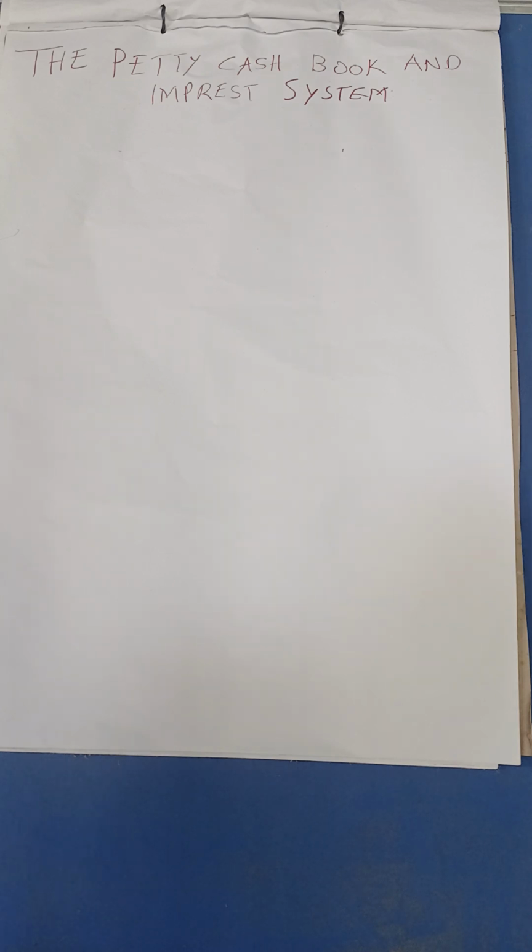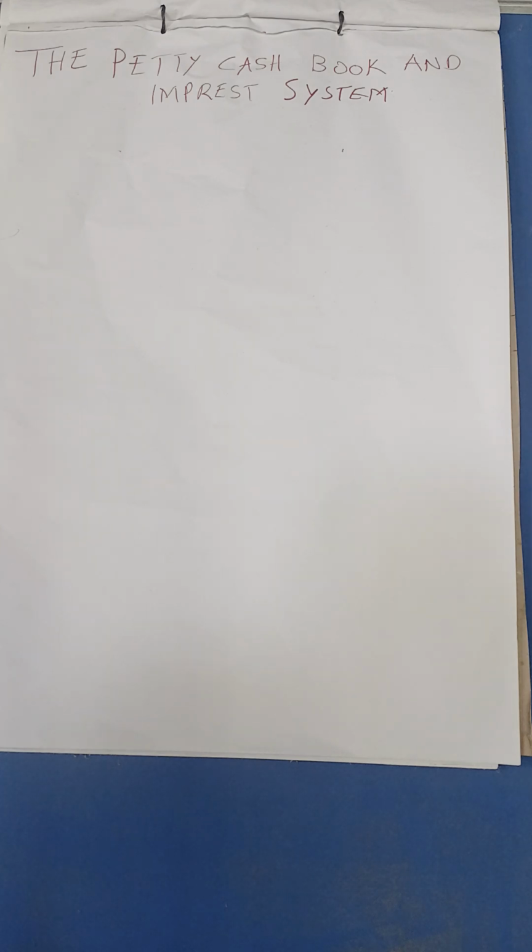Now we ask ourselves, who operates this petty cash book? From the word petty, we derive the petty cashier. The petty cashier is the one who operates the petty cash book in the business, in most big organizations. So this big organization will have a person employed as a petty cashier.